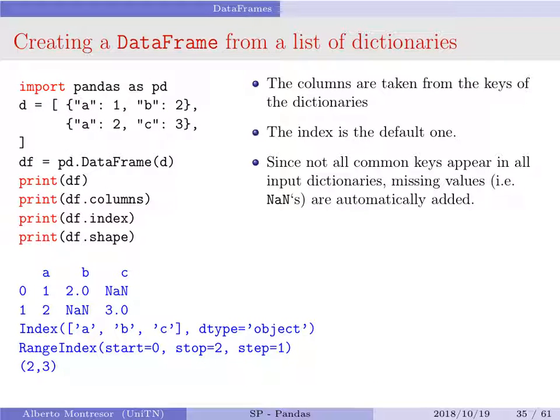And you can also create a data frame from a list of dictionaries, which is the opposite way as before, because before it was a dictionary of lists. Here you are specifying them as a list of dictionaries. So you see that A is associated with 1, B is associated with 2, A is associated with 2, C is associated with 3. These are two different dictionaries, but they have keys that can be used as column names.